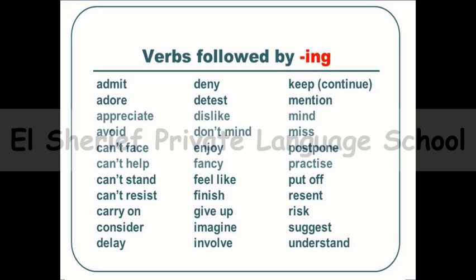So I use the verb remember followed by ing when the action has already happened. And here we can see a slide with a list of a lot of verbs which are followed by ing, and you can keep them while practicing.